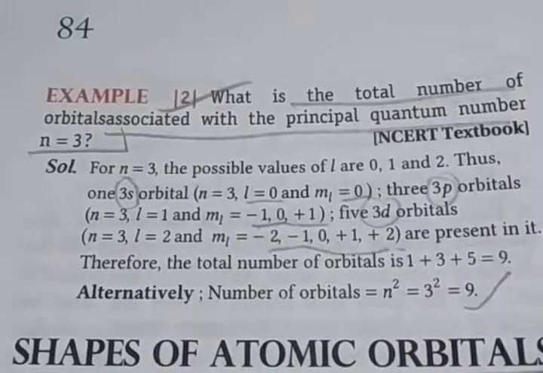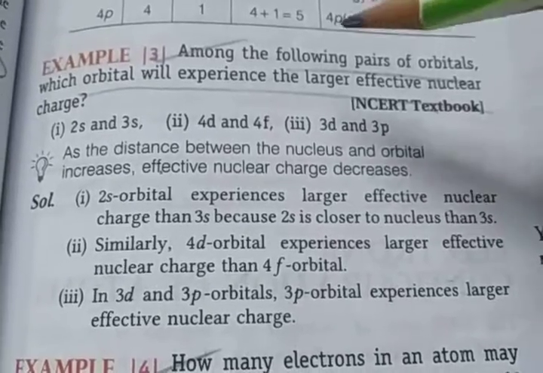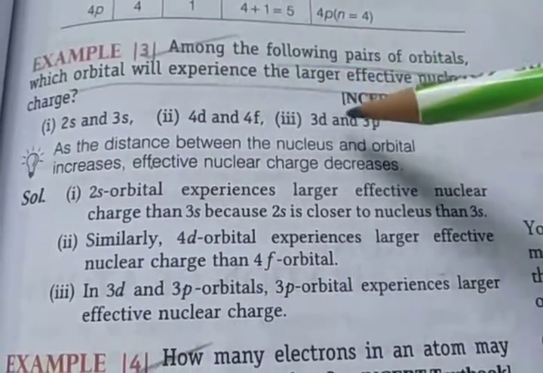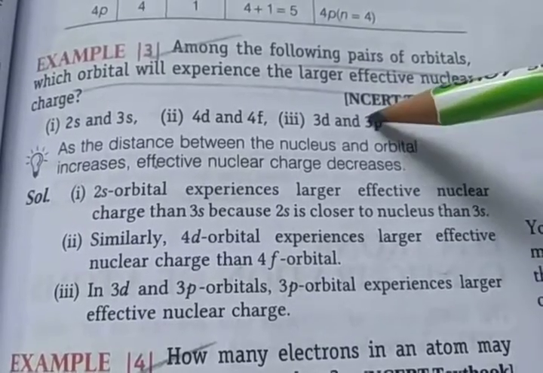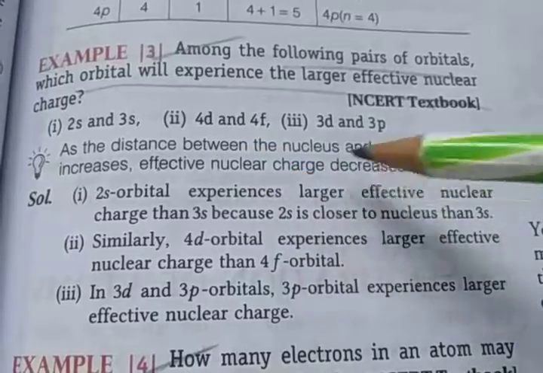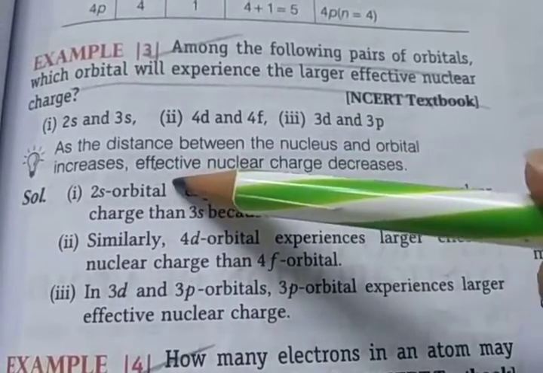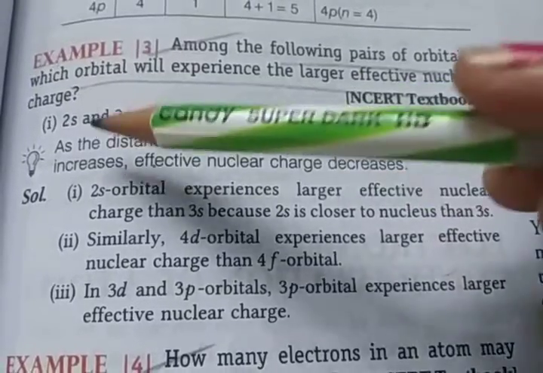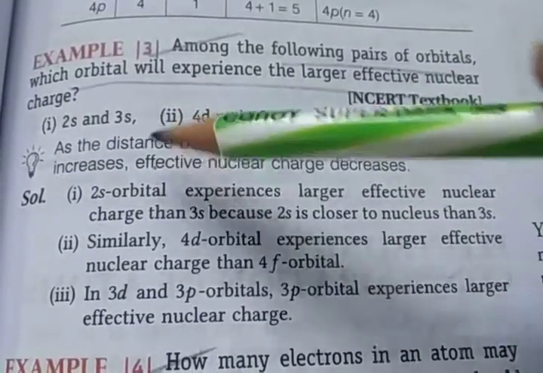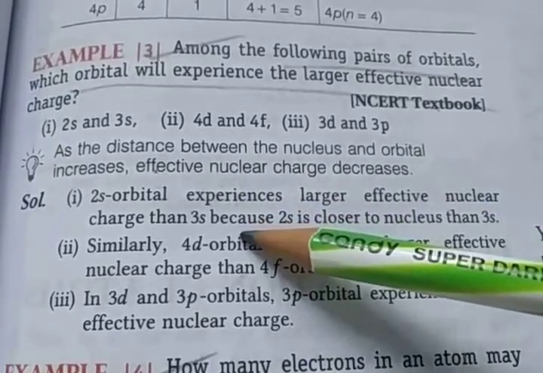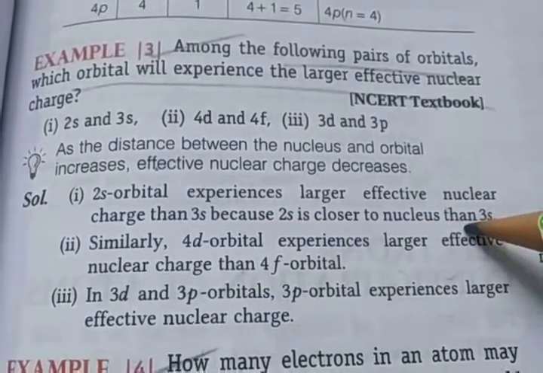Clear? Next question is, among the following pairs of orbitals, which orbital will experience the larger effective nuclear charge? The basic concept is, as the distance between the nucleus and the orbital increases, the effective nuclear charge decreases. So here first is 2s and 3s. 2s orbital has larger effective nuclear charge compared to 3s, so 2s is closer to the nucleus.